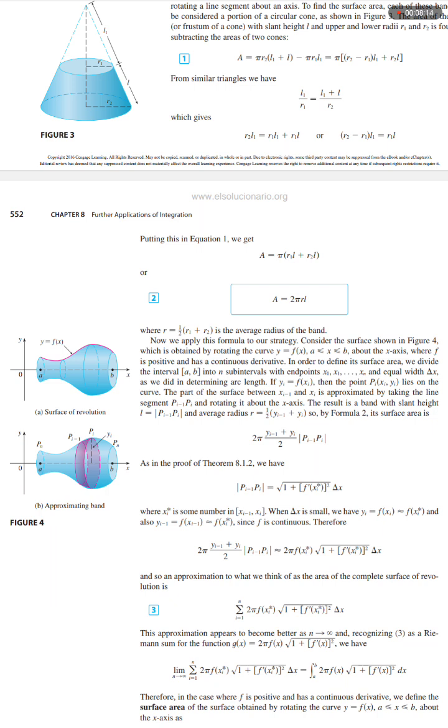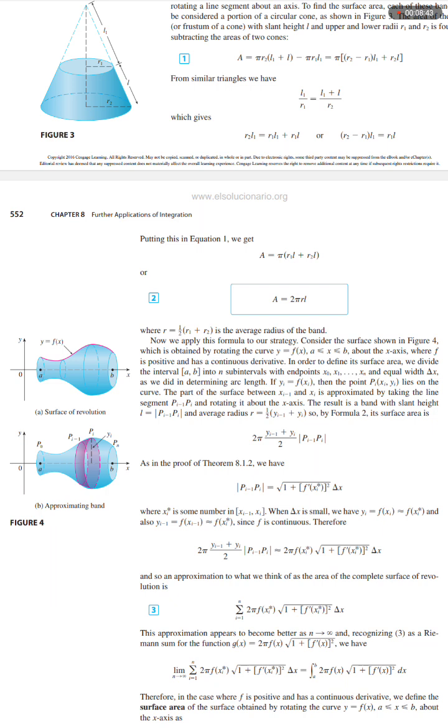In order to define its surface area, we divide the interval [a, b] into n subintervals with endpoints x sub 0, x sub 1 through x sub n, and equal width delta x, as we did in determining arc length.